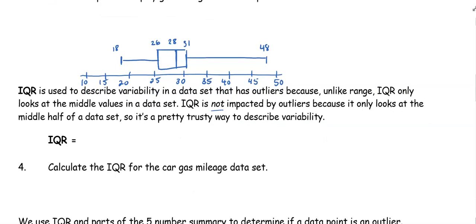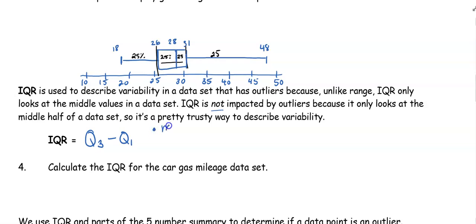To calculate the IQR, very simple, we do Q3 minus Q1. Because if you remember, we have 25% of our data here, 25% here, 25 here, and 25 here. So if we're just looking between Q1 and Q3, we're looking at that middle half, that middle 50% of our data.